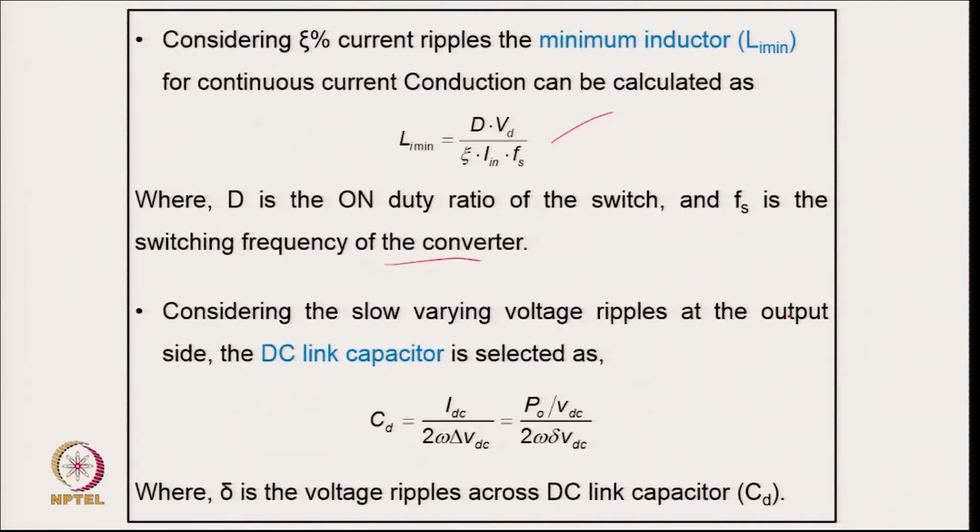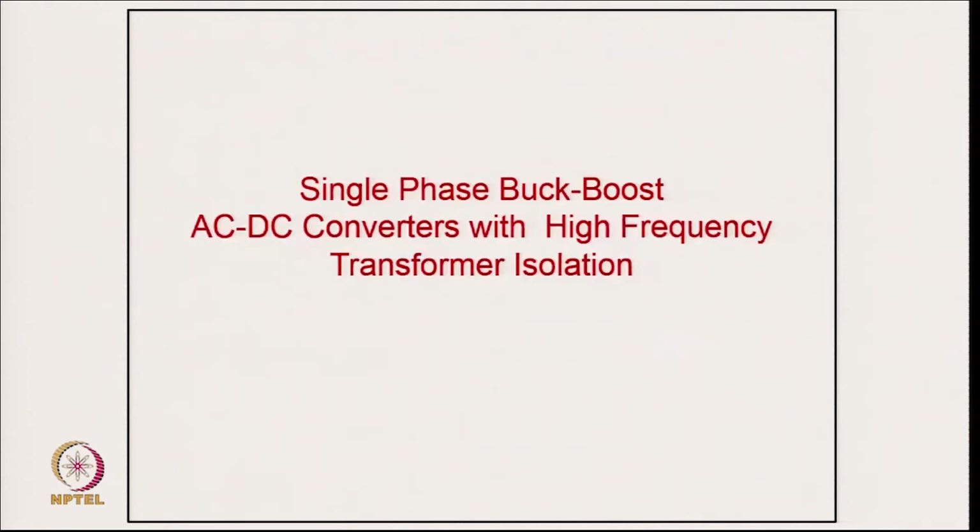Considering the slow varying voltage ripple at the output side DC link capacitor, because second harmonics will be there, you can find the output capacitor. So the inductor is calculated from here and the capacitor from here, and these two relations give you the values for the inductor and capacitor in this converter.